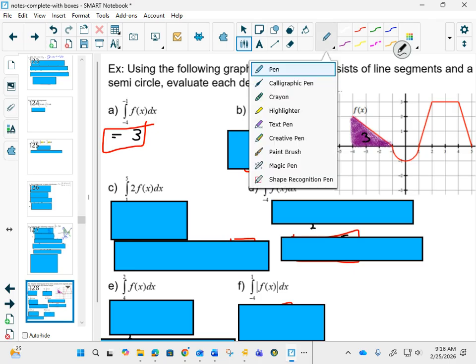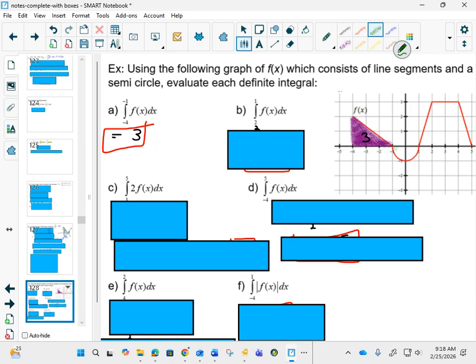I'm going to color code each of these with different crayons. I'm going to go green under here. I would probably do this as a triangle here. This rectangle.